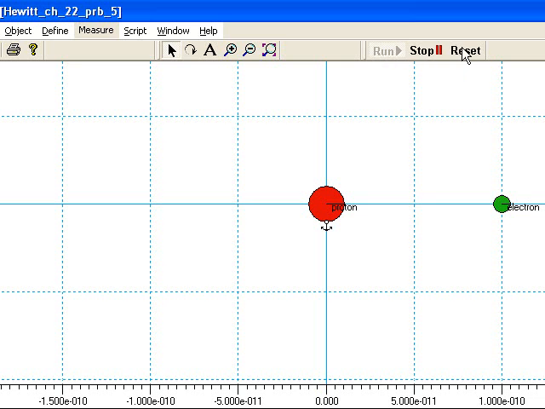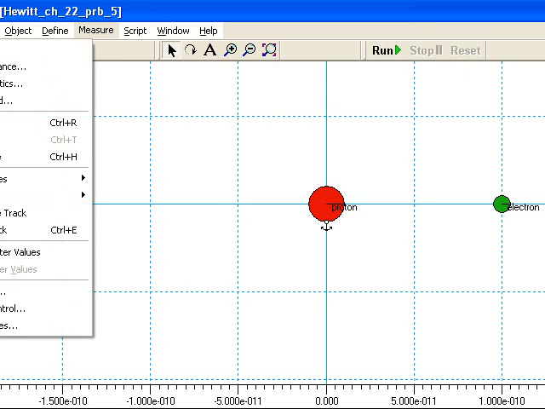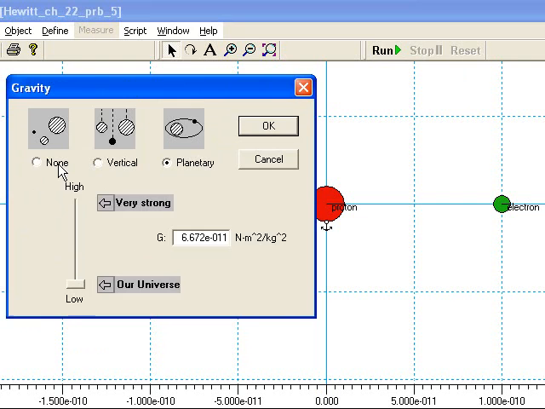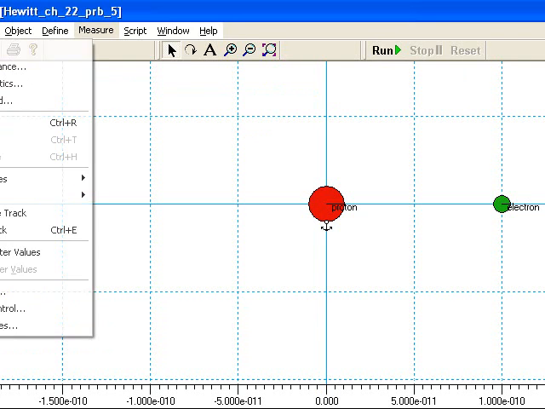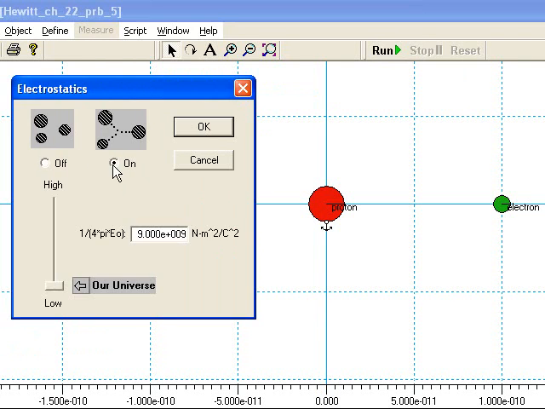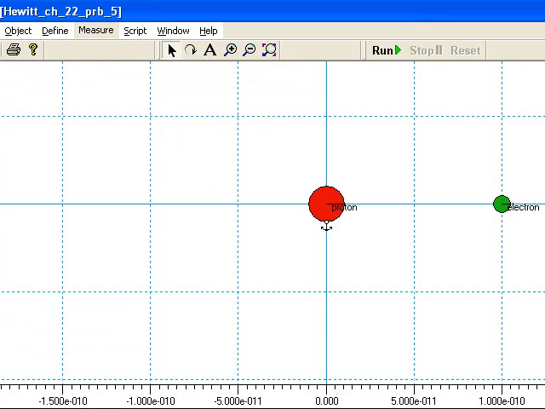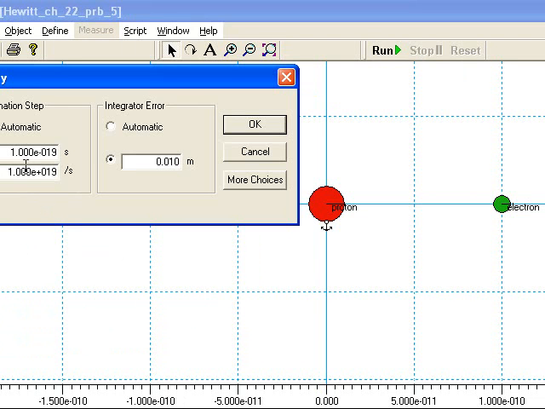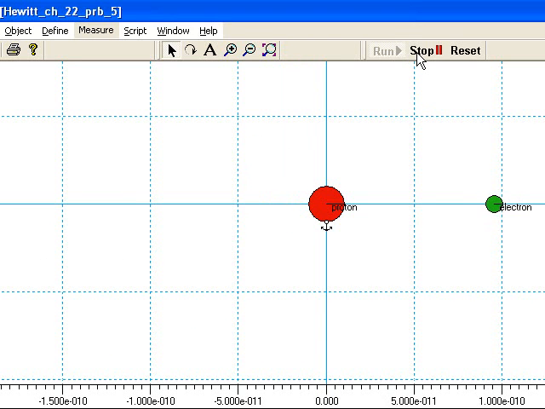Okay, let me reset it, and let's go over to turning gravity off, turning electrostatics on. There we go. And double checking the accuracy, so it's just as fast. Now I hit the run button, and notice under electrostatics it moves very fast within this gazillionth of a second, which tells us that the electrostatic attraction is much larger than the gravitational attraction.